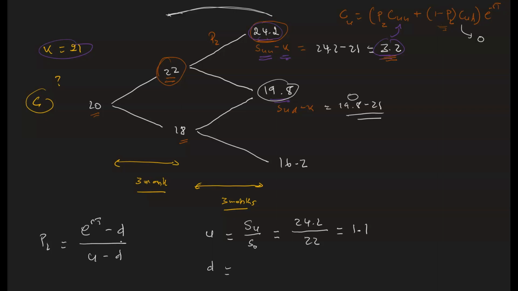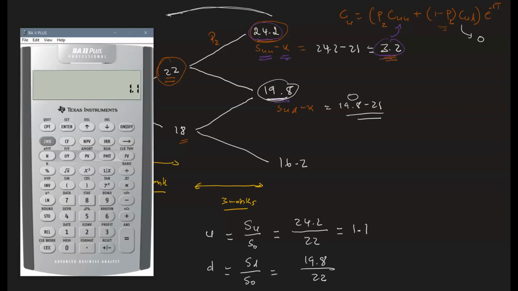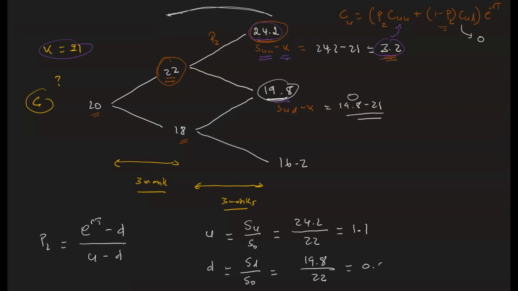And D is simply going to be equal to S down divided by S0, and S down is going to be 19.8. So it's going to be 19.8 divided by 22. We're going to have 0.9. Now let's verify this. Let's do 1 over u, which is equal to 1 over 1.1.